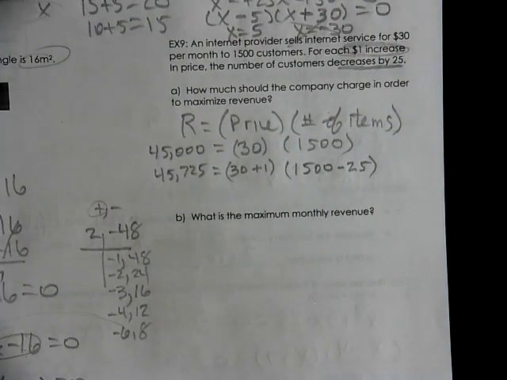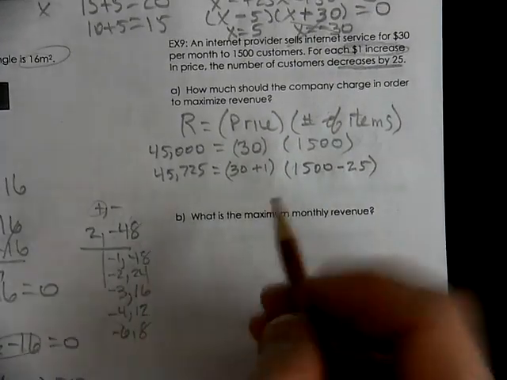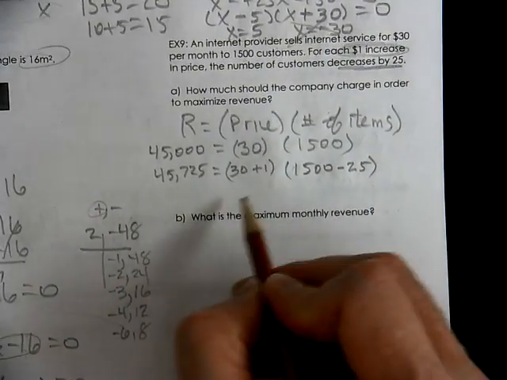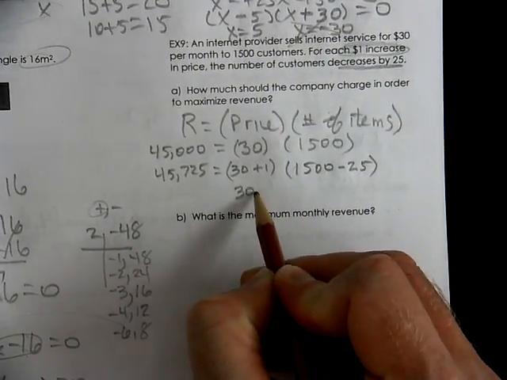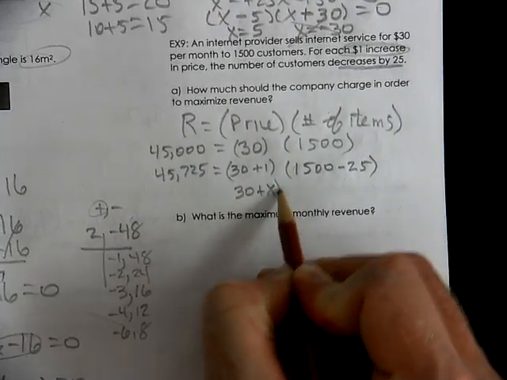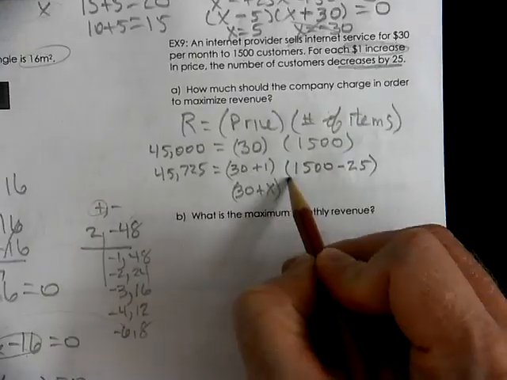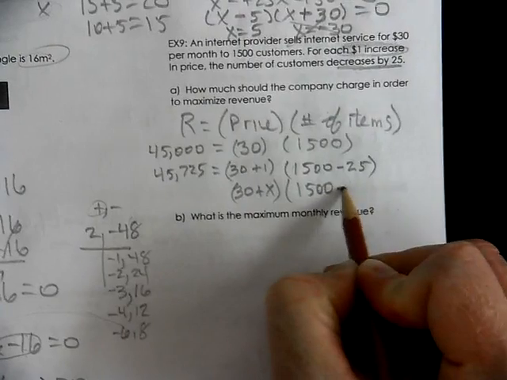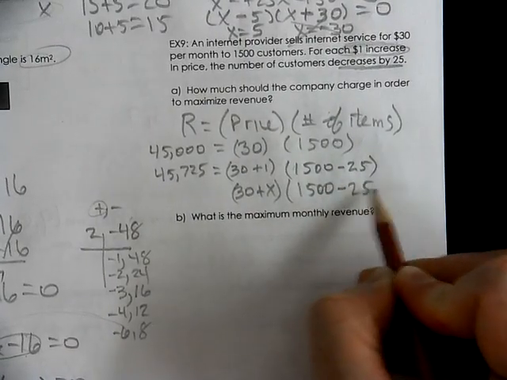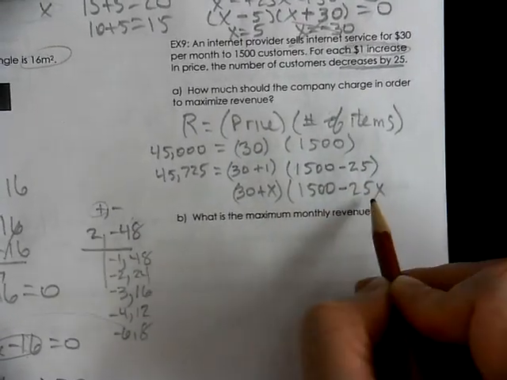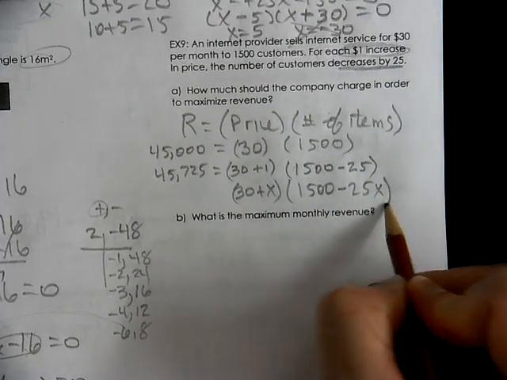So we could continue this pattern, but that's not the way we're going to do it in Algebra 2 at Trig. What we're going to do is say 30 plus some amount, and 1,500 minus the $25, that same amount of change.